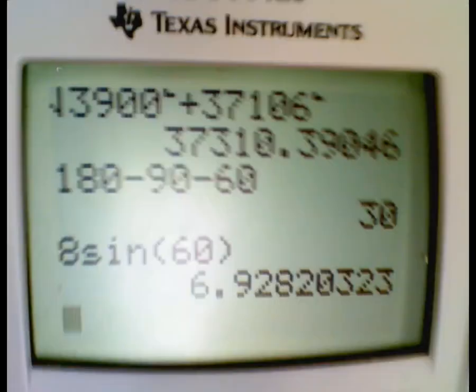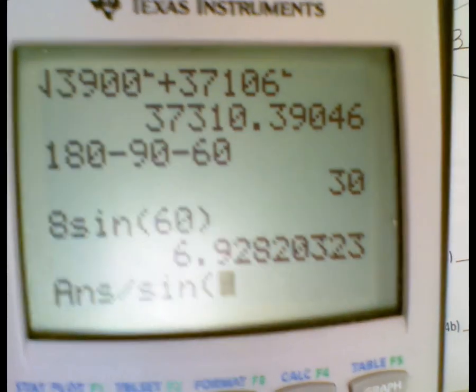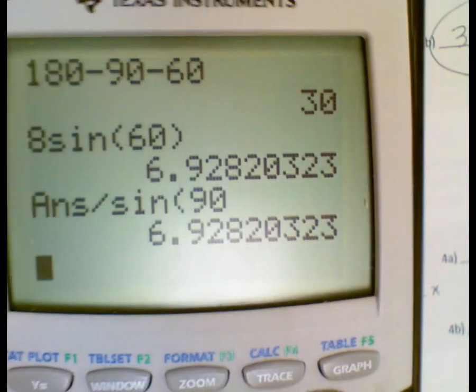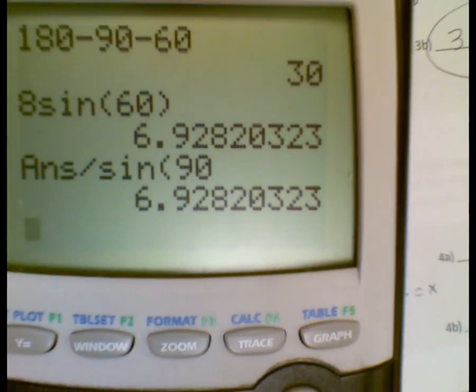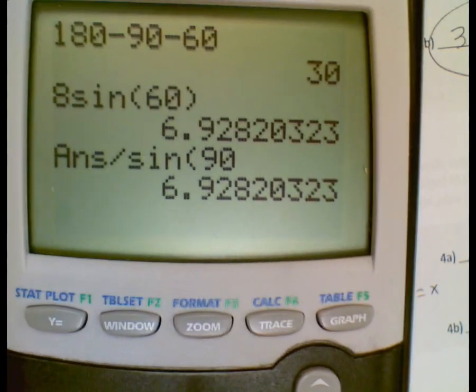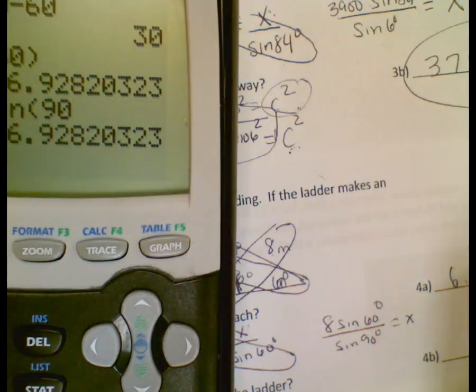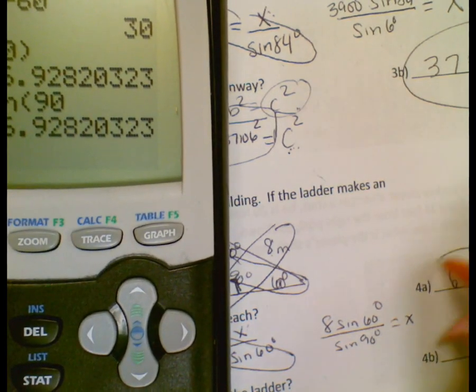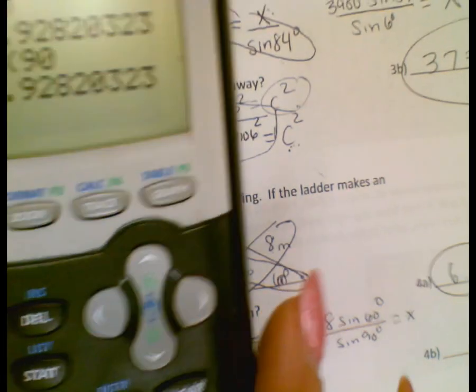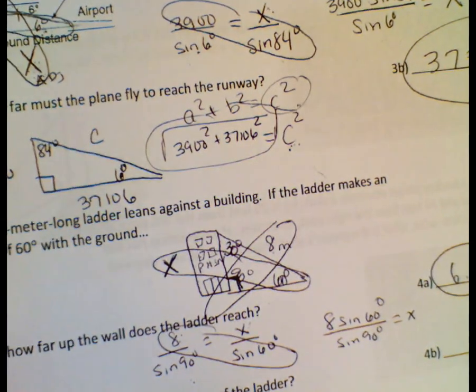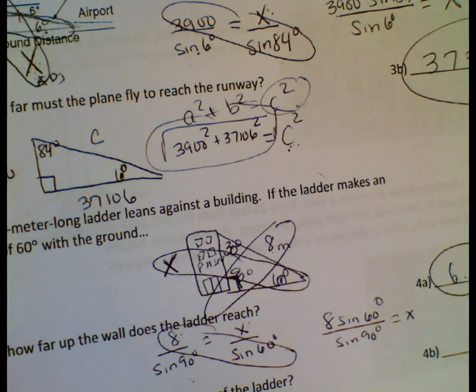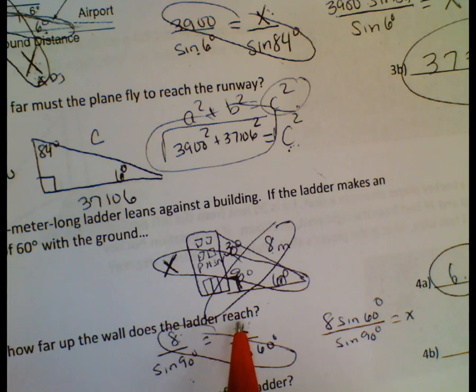8 sine 60 divided by sine 90. This is 6.9. It says, how far up the wall does the ladder reach?